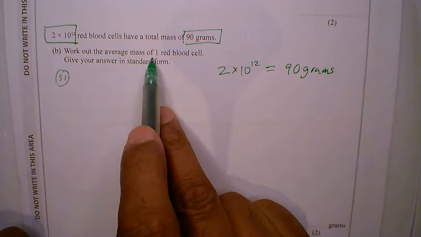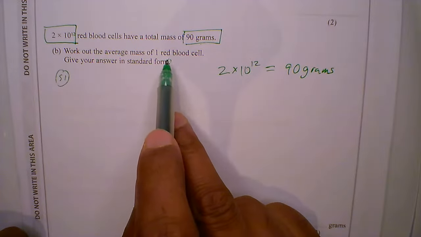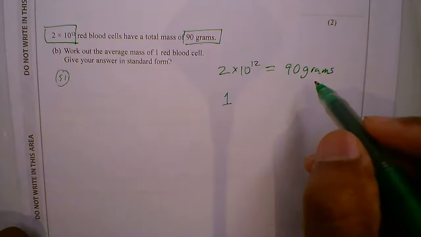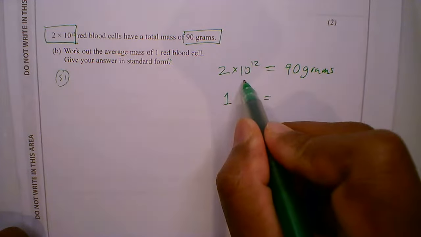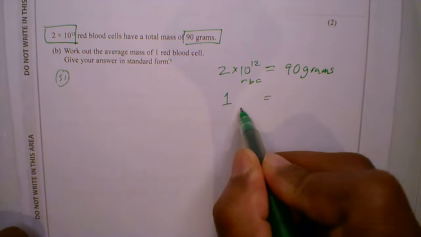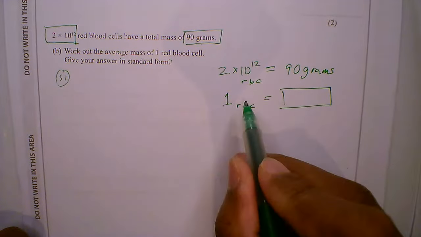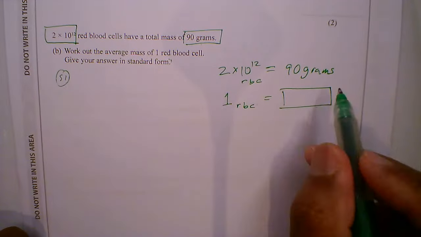Work out the average mass of one red blood cell. So this is one blood cell, so this will go under here. 2 times 10 to the power 12 red blood cells, one red blood cell. So you can now see just by putting it in the right place what I need to do.